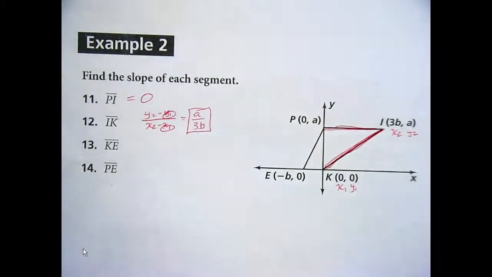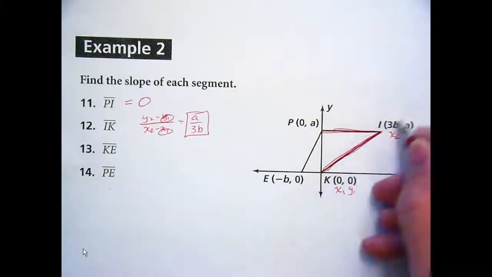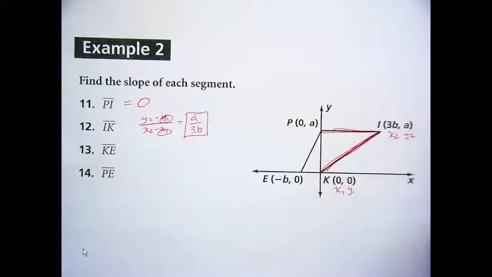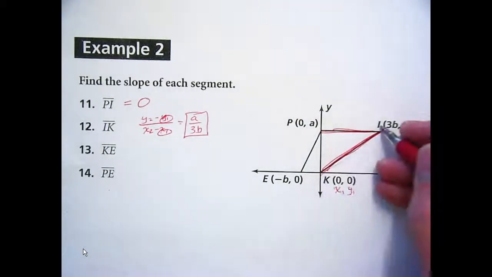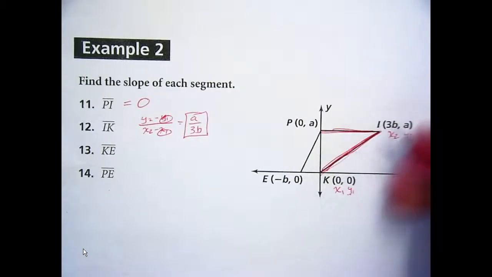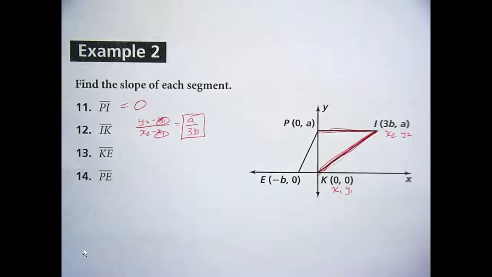Yeah, it's still a positive slope. You look at the line from left to right. But isn't your starting point I? No, it doesn't matter. You're naming this line, so it doesn't matter which order the variables are in. This line's going up from left to right. It's a positive slope. How about KE?